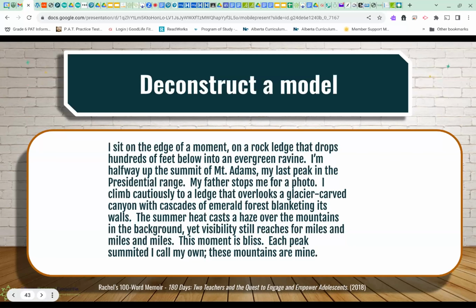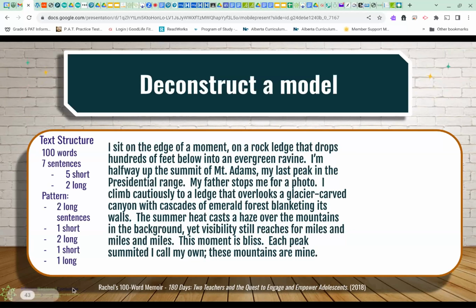If we deconstruct this, tap on that, please, and we can see the text structure. Just keep tapping. There are about 100 words in there. We have different patterns of sentences, short and long, and how they're worked.